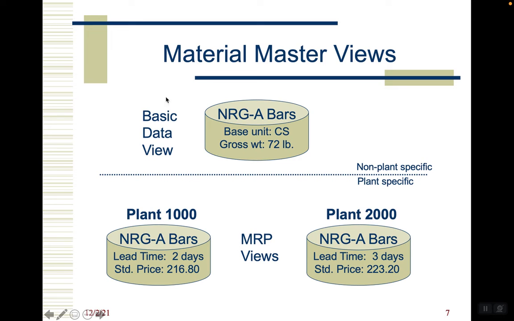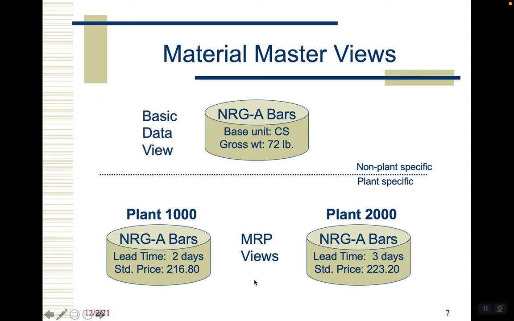All right, so say, for example, the material master view, the basic data. In our case study, we're talking about NRGA bars. All right, so there are characteristics. The basic information is what's our basic unit or what's our gross weight per box. So that's some basic information.